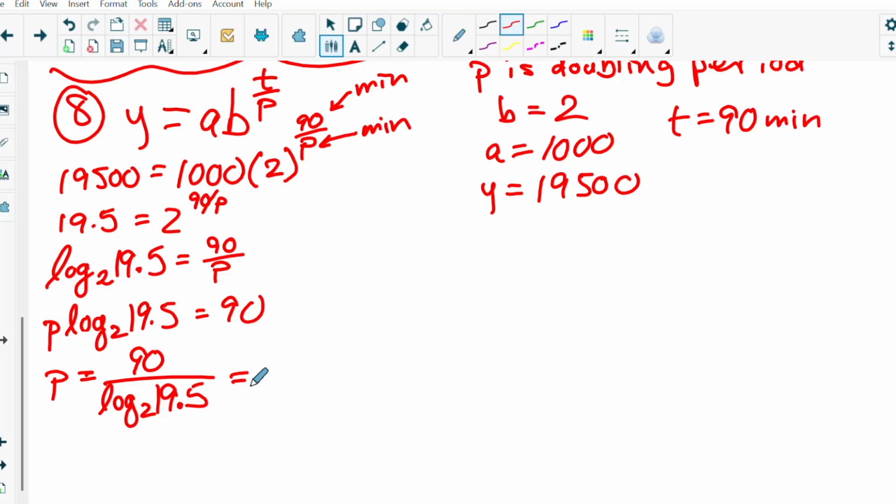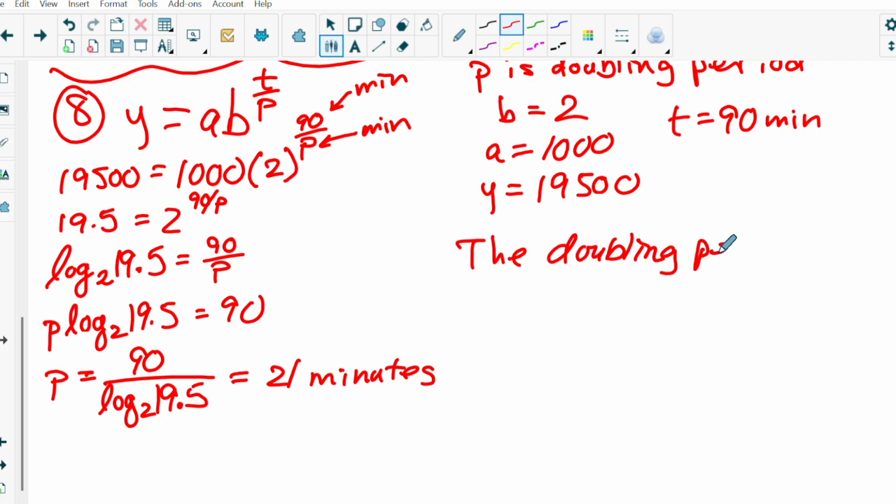Evaluate that with your calculator. I get a p-value of 21 minutes. What does that mean? Let's make a sentence. The doubling period of E. coli is 21 minutes.